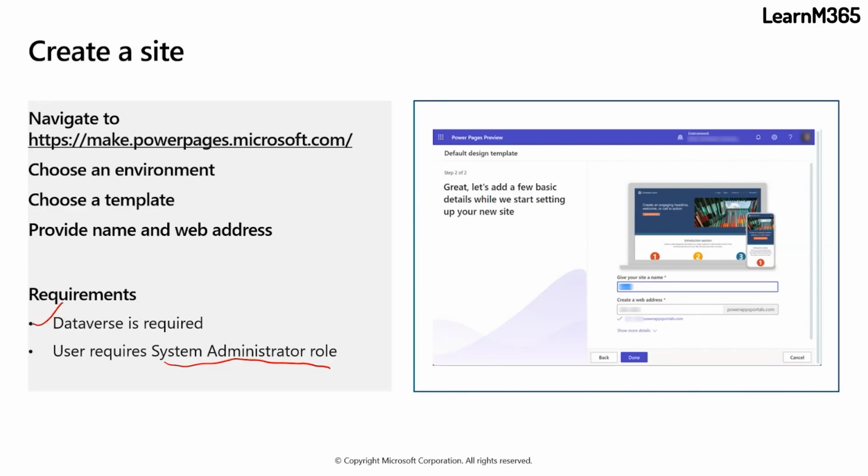So first of all you would go to the make.powerpages.microsoft.com site, and then you would choose the environment. You should not work in the default environment, right? And then once you have chosen the environment, choose your template and provide a name and web address, and it's done.